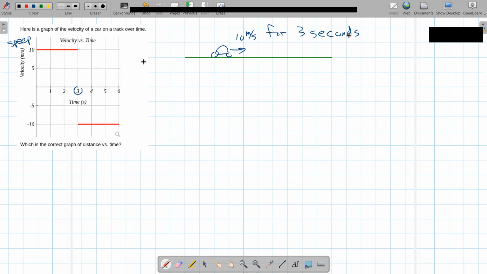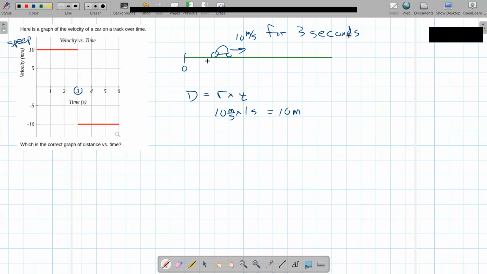So if I know something has a constant speed, then I can say, well, if it started over here at 0 and it's moving at 10 meters per second, then 1 second later, distance equals rate times time. If I know the rate is 10 meters per second, and I know it moved along for 1 second, meters per second times seconds, the second cancels, that tells me it's covered a distance of 10 meters.